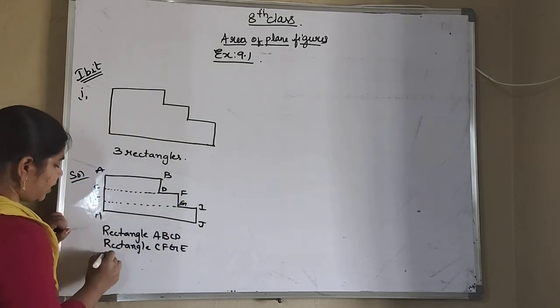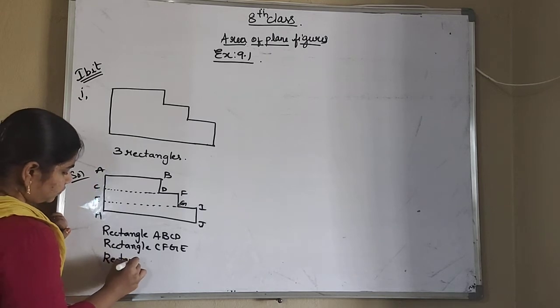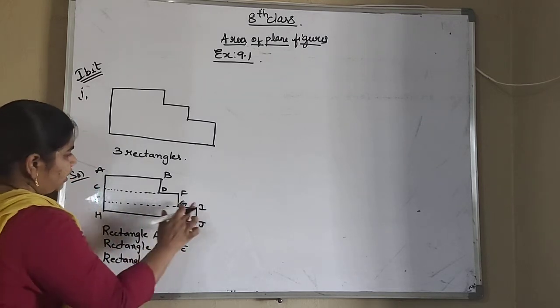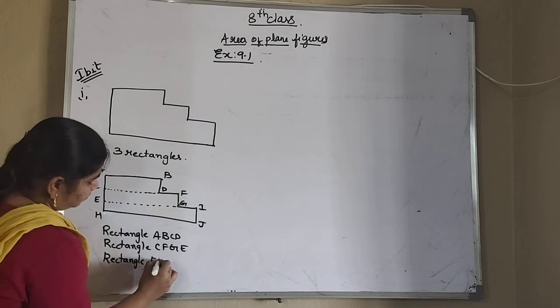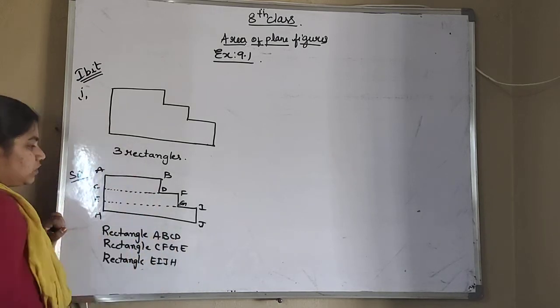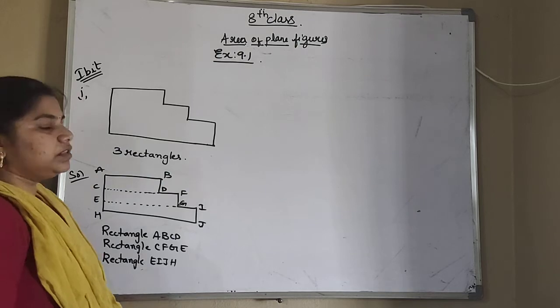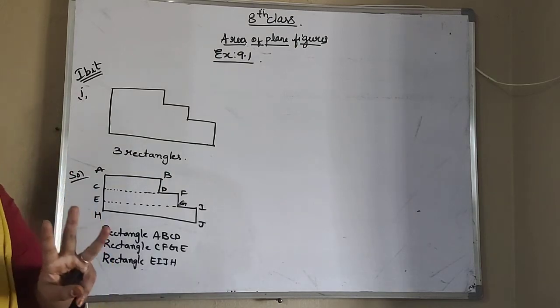Next is the last rectangle, that is EIJH. So these are the three rectangles. We have divided the first figure in the form of three rectangles.